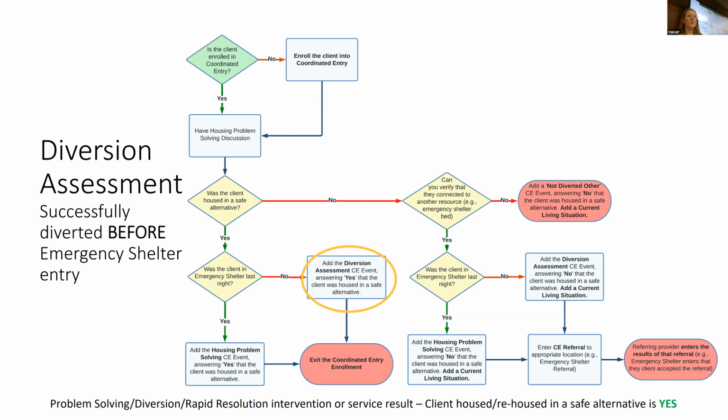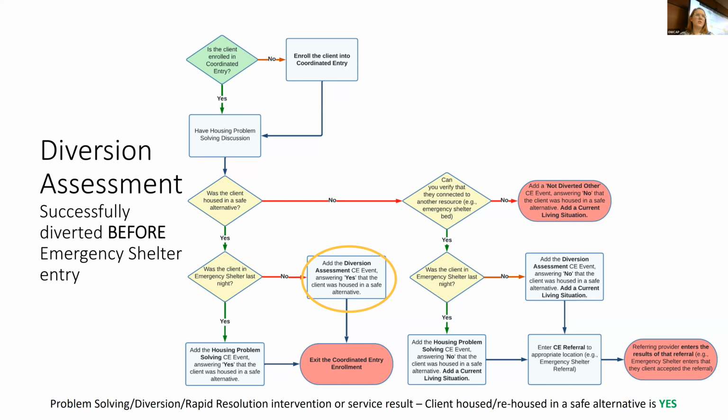The next question you're asking: were they housed in a safe alternative tonight? Remembering that that is not emergency shelter. If the answer is yes, you ask, was the client in emergency shelter last night? So were they literally homeless? If the answer is yes, you add the CE event housing problem solving.